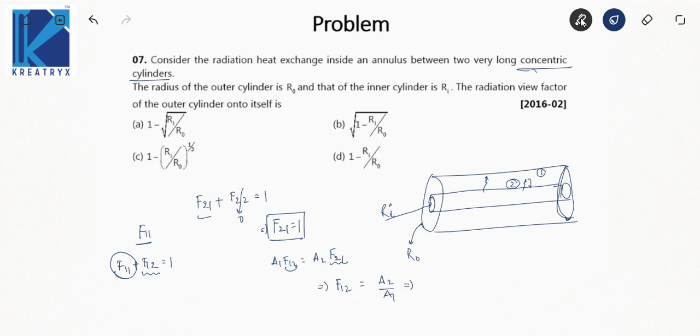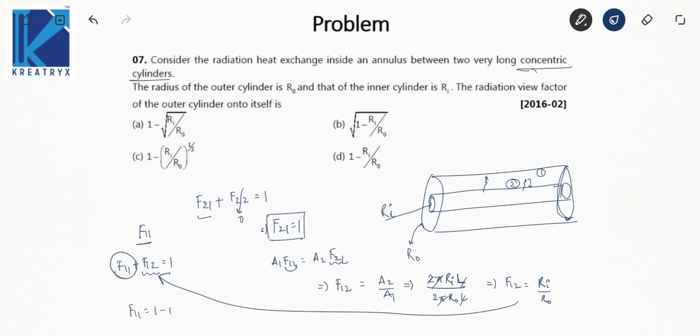That implies A2 is 2 pi Ri L upon 2 pi R naught L. This gets cancelled out. Very long concentric cylinder, so f12 is equal to Ri upon R naught. Put this value here. You will get f11 is equal to 1 minus Ri upon R naught. That is option D.